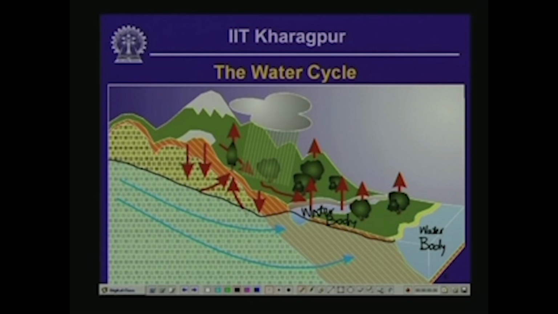So this one here is our water table, and below the water table we have saturated soil.